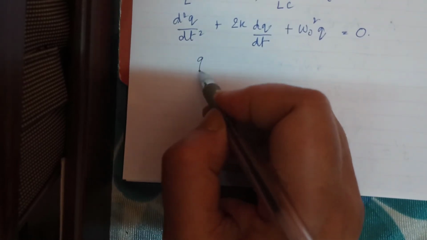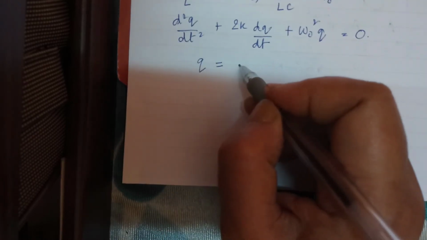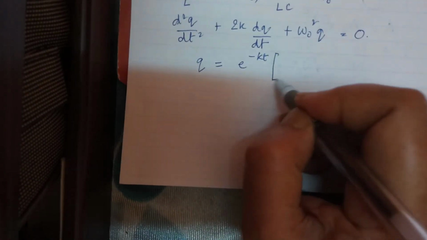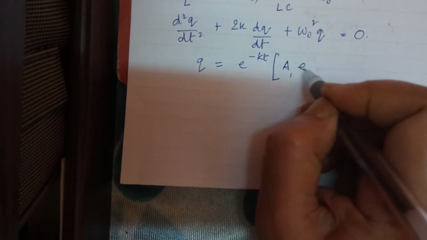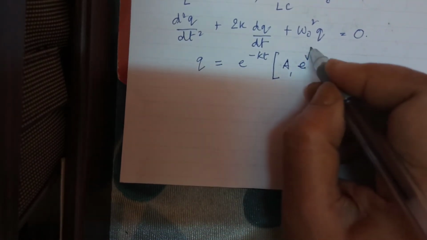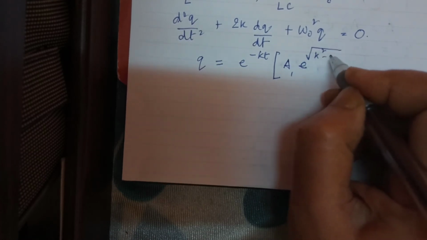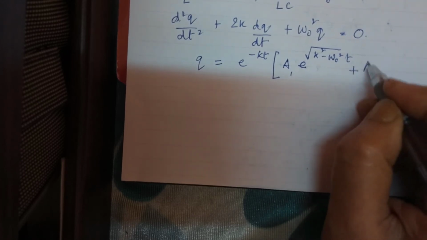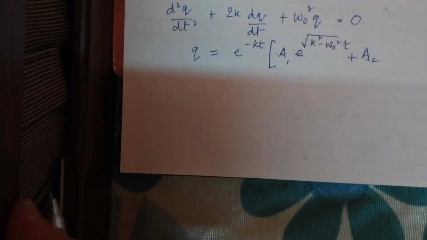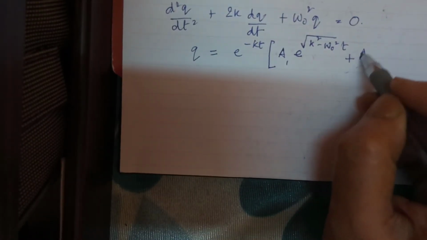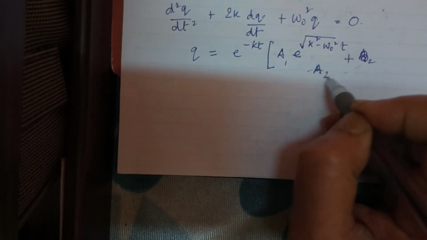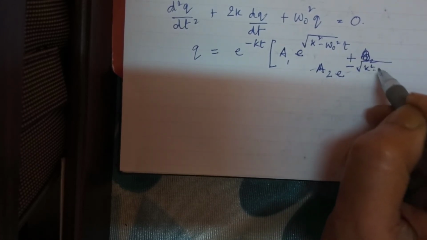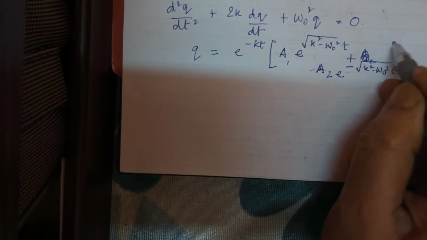For an oscillatory circuit, the oscillation will die out. So q equals e to the power minus kt, into A1 e to the power square root of k square minus omega 0 square t, plus A2 e to the power minus square root of k square minus omega 0 square t.